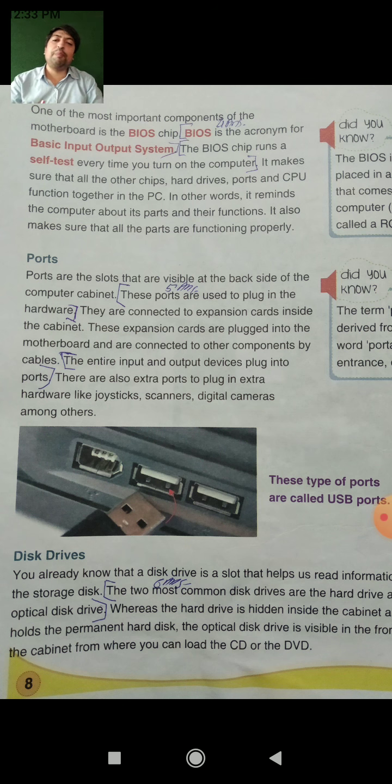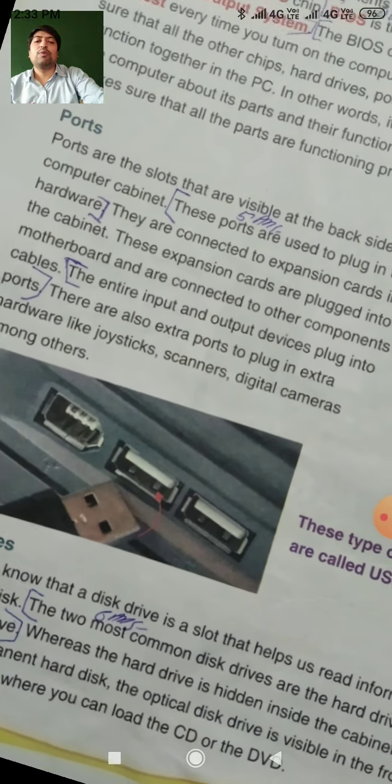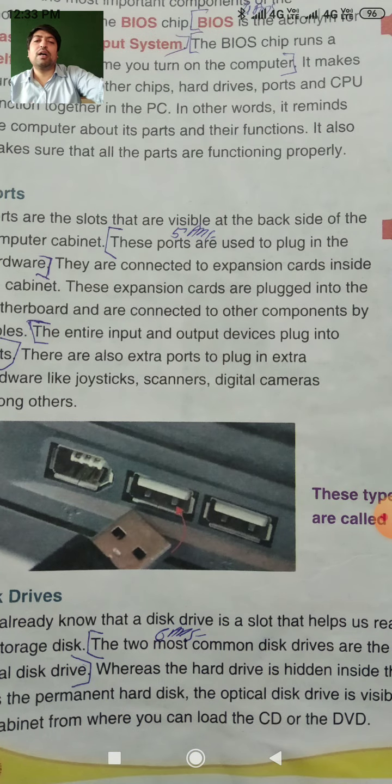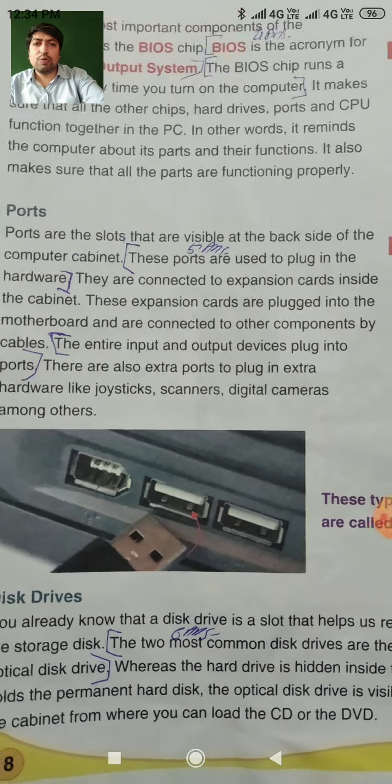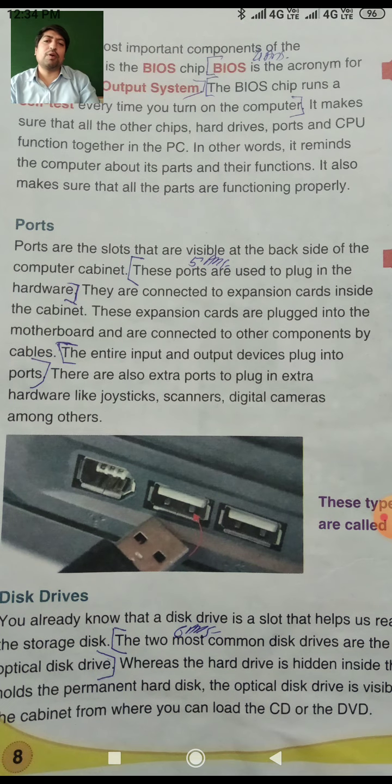Also, we can see a picture here showing the USB port of the CPU. We have already seen this type of port at the side of the laptop too. So we will see the detailed description of it.